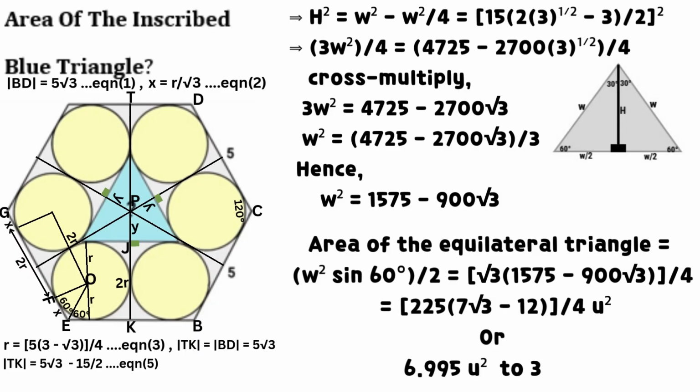Therefore, the area of the equilateral triangle equals half of the square of w times sine 60 degrees, which equals 225 times (7 times the square root of 3 minus 12), all divided by 4, in square units, or 6.995 square units to 3 decimal places.